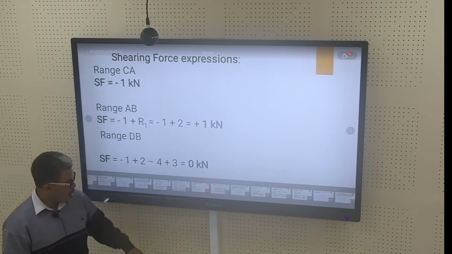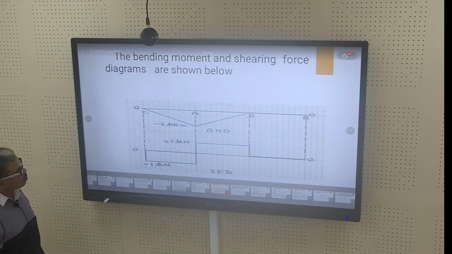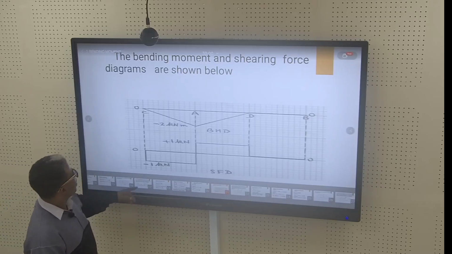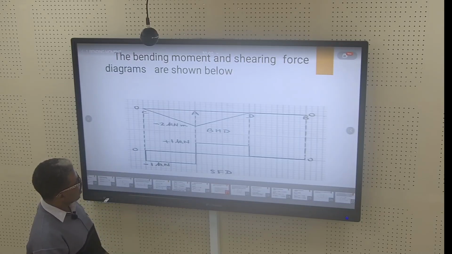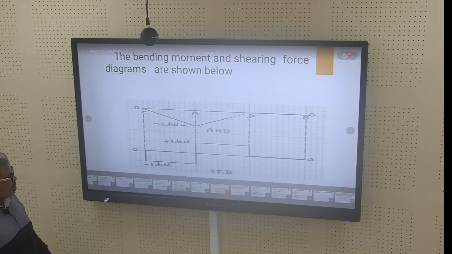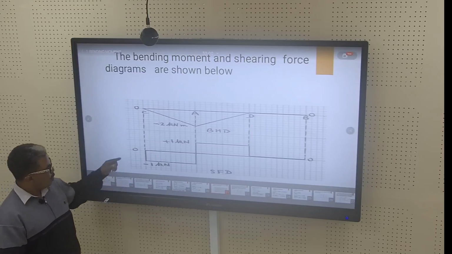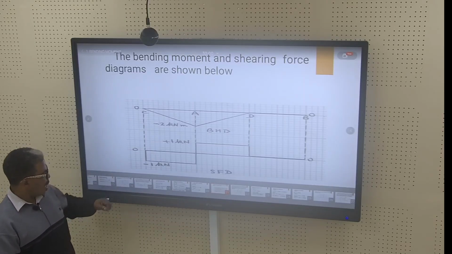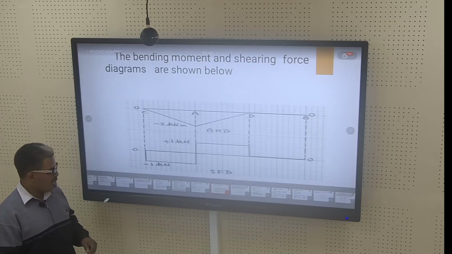Let's now see the diagram, how it looks. As I said, from 0, the CA range, 2 kilonewton, the bending moment. Then it went back to the range of AD of positive 2 kilonewton meters. So it looks like that. For the shearing force diagram, we had a negative for reaction at A or reaction R1.